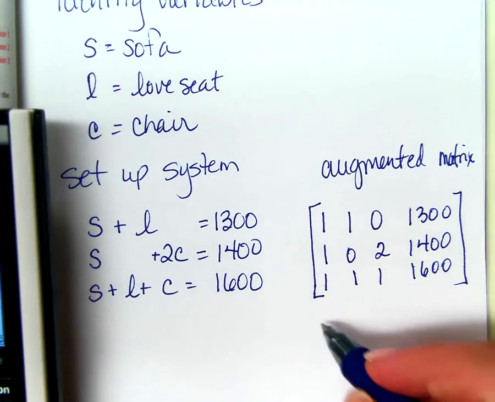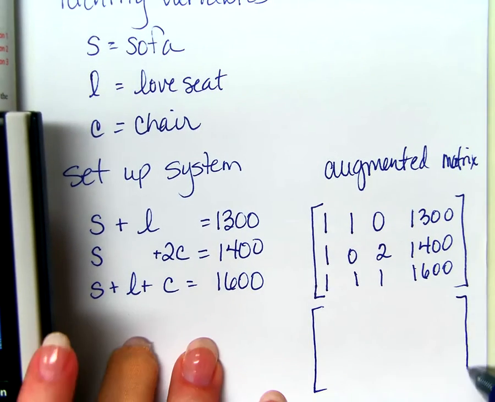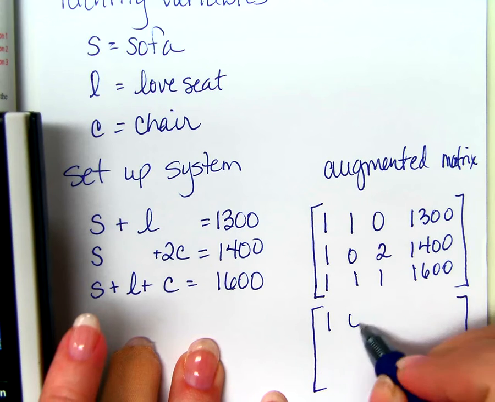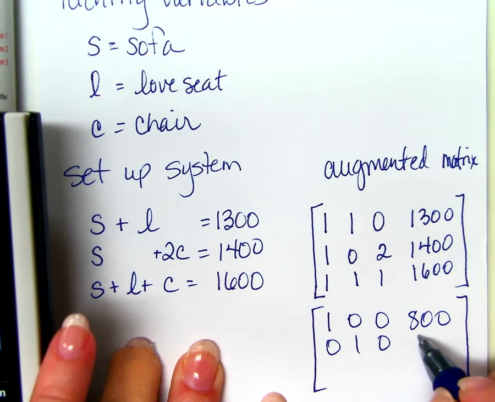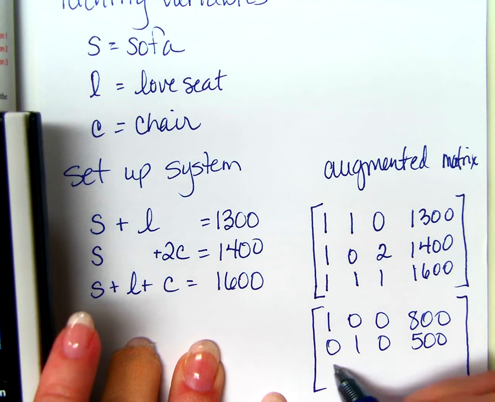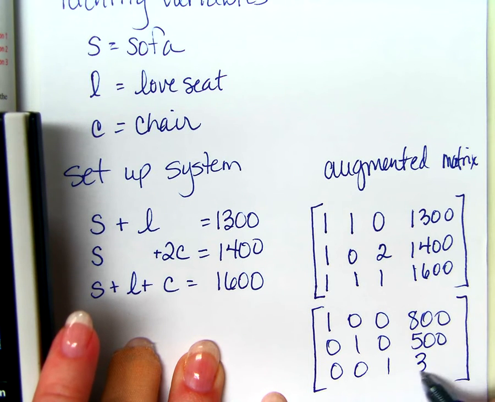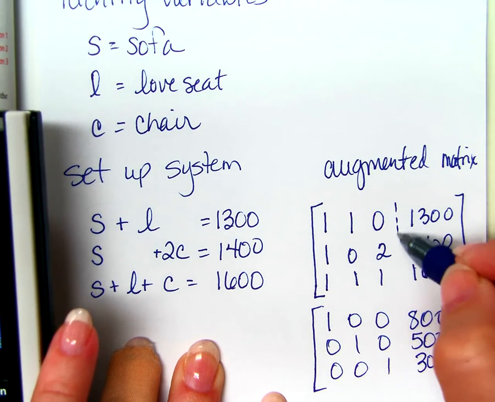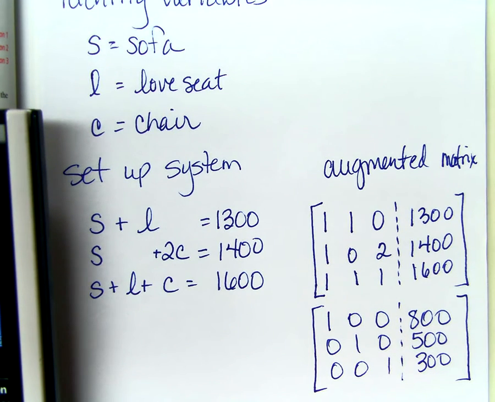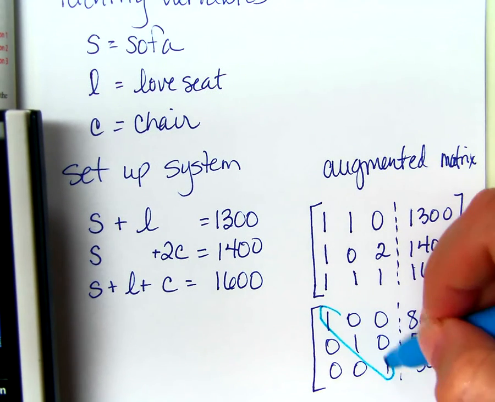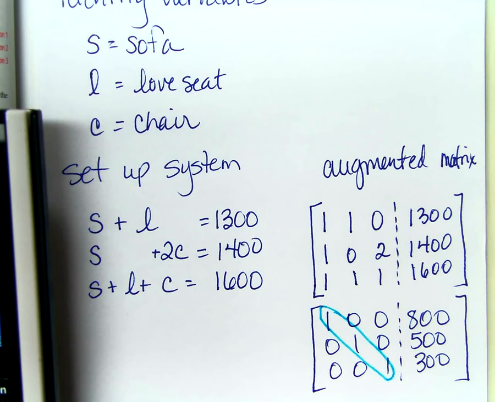So in my answer matrix, let me write this down real quick. 100 800, 010 500, 001 300. Oh, I forgot my imaginary line here, which will help because I do see that diagonal of 1s.